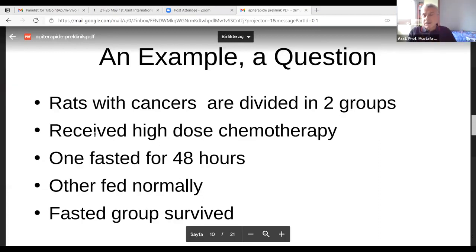The other group is fed normally. And at the end of the study, they see that, because it's a very high chemotherapy dose, all the fasted group survives, while the normally fed group is affected badly, and many of them die.